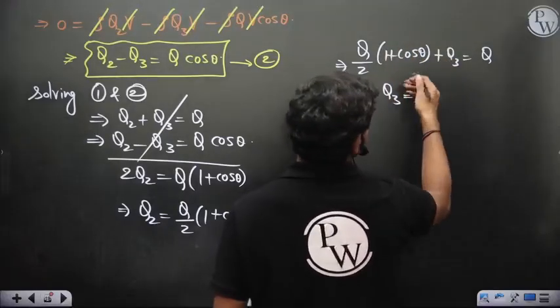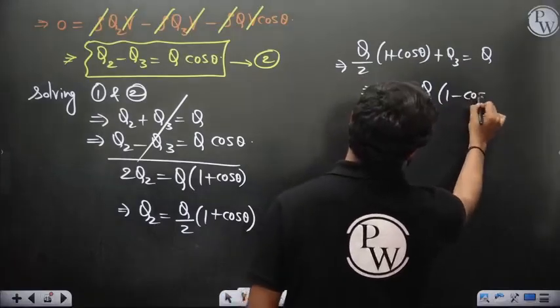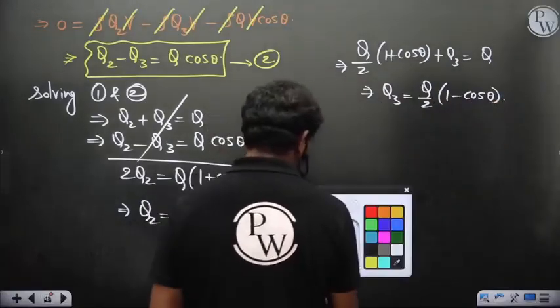So q3 is equal to q minus this, so q3 is q by 2 times 1 minus cos theta. That's it.